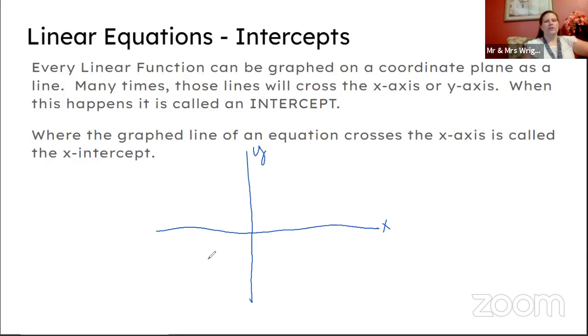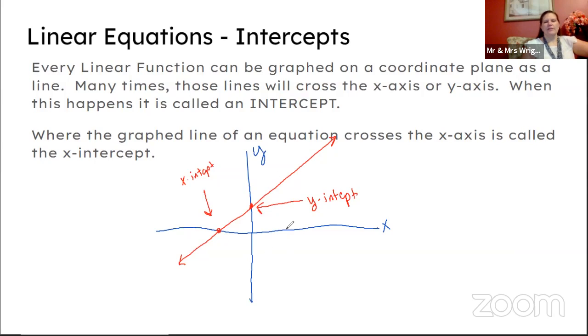And if we were to pretend to graph this line right here, it crosses both the x-axis and the y-axis. This particular point where it crosses the x-axis is called the x-intercept. And this particular point where it crosses the y-axis is called the y-intercept.